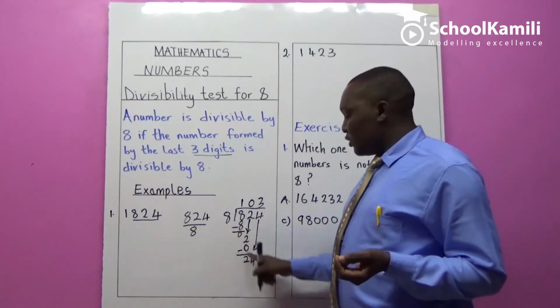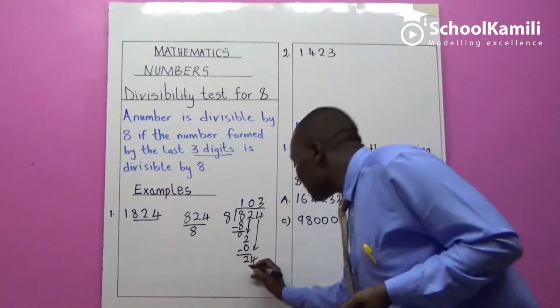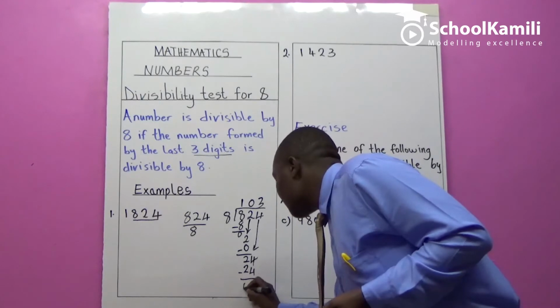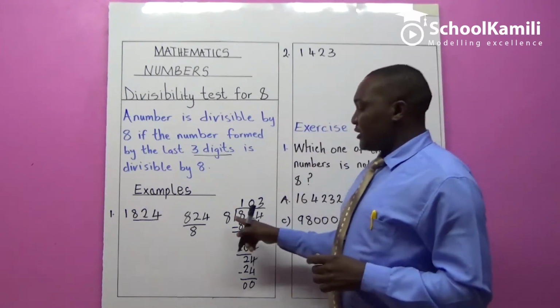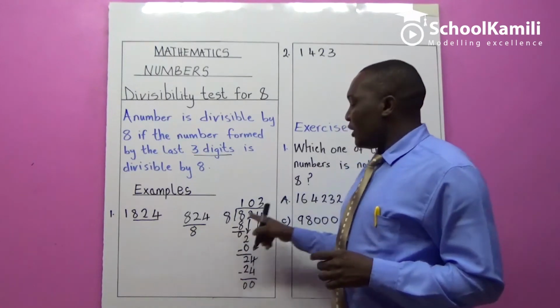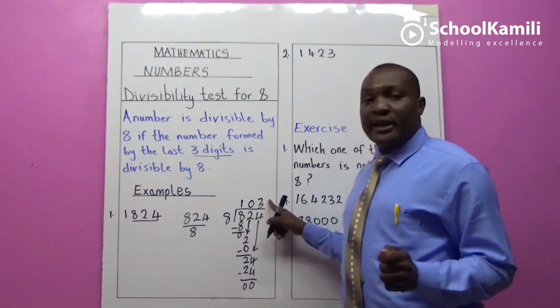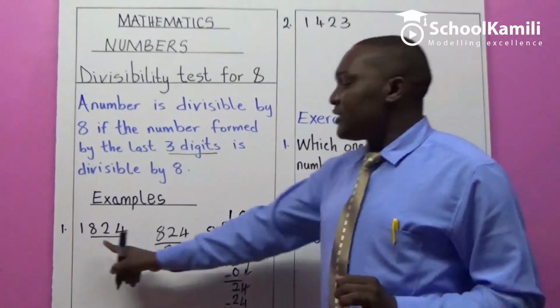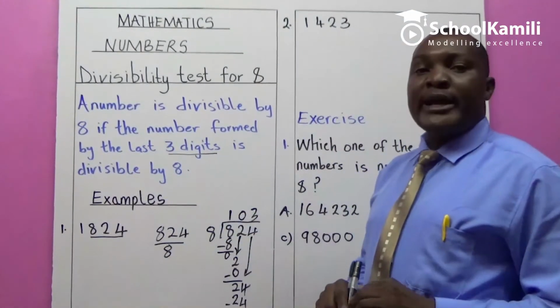8 goes into 24 how many times? 3 times because of 24. When you subtract, you get 0. So you'll find that 824 divided by 8 gives us 103. There is no remainder, which means this number is divisible by 8.